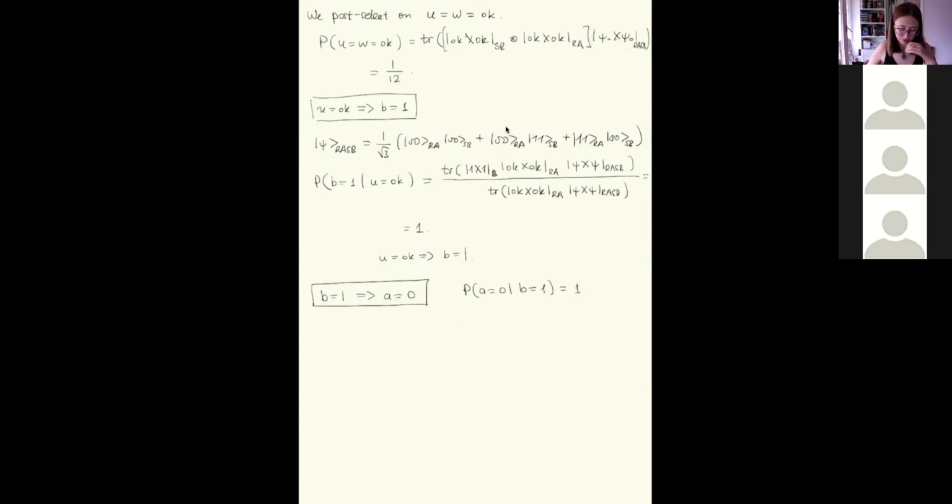So this conclusion is fairly straightforward. And the final conclusion is that if A gets outcome 0, then Wigner gets outcome fail. This corresponds to the conditional probability of Wigner getting outcome fail, given that A equals 0, which is 1.